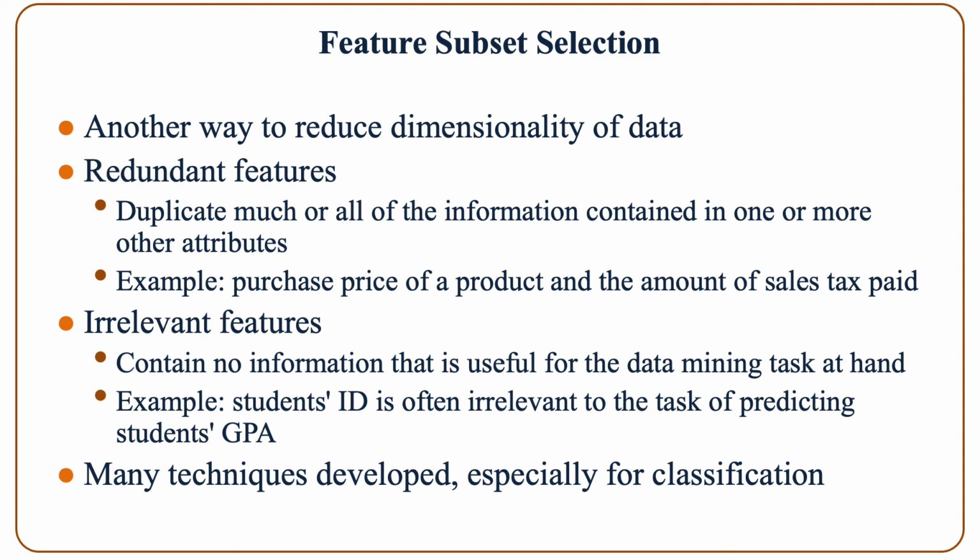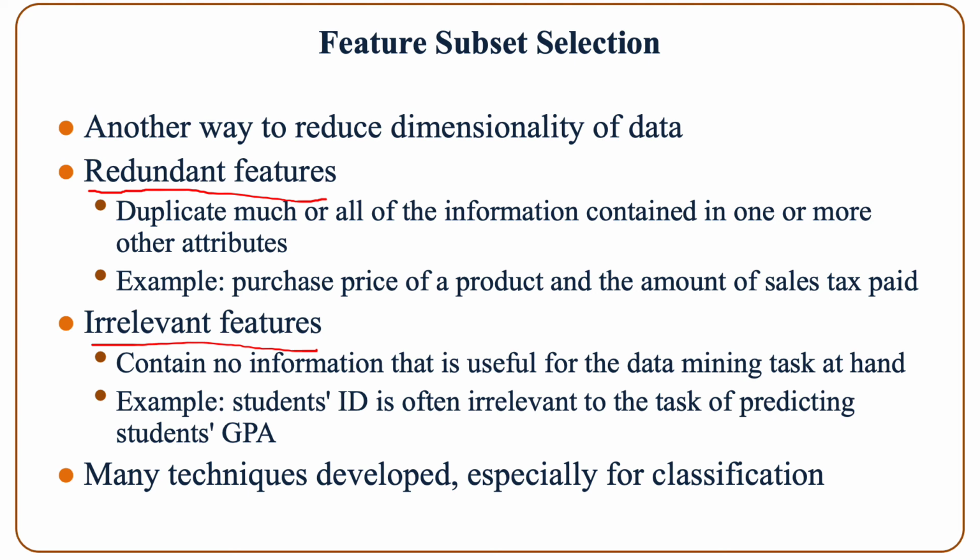Feature subset selection is another way to reduce dimensionality of the data, typically for the case of redundant features and irrelevant features. Redundant features duplicate much of the information contained in other features.